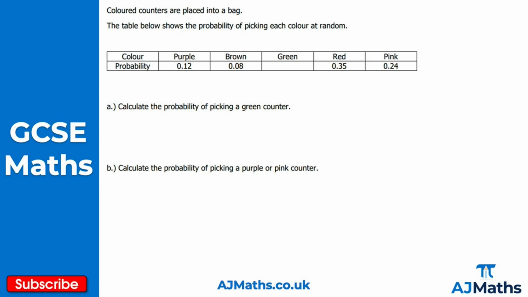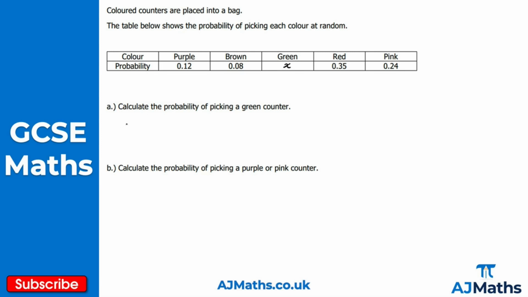So if I pick a counter out at random here, then it's going to either be brown, purple, green, red, or pink. So in that case, these probabilities must add to 1. Okay, so if I call this green one x, then 0.12 plus 0.08 plus x plus 0.35 plus 0.24 must add to 1.